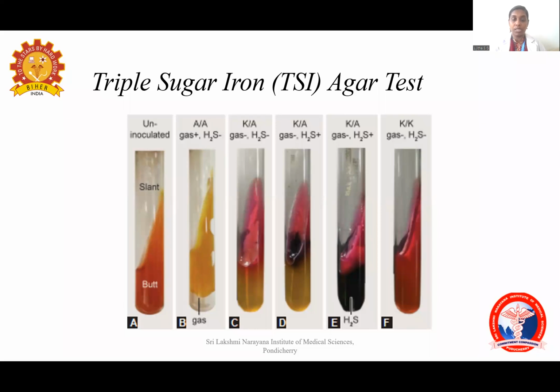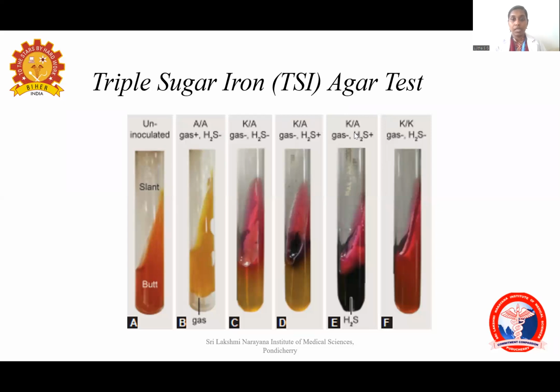Since it is phenol red, the alkaline reaction appears pink. That is why we write K by K when it is pink. The phenol red will be yellowish in acidic media. Acidic reaction means the color is yellow.